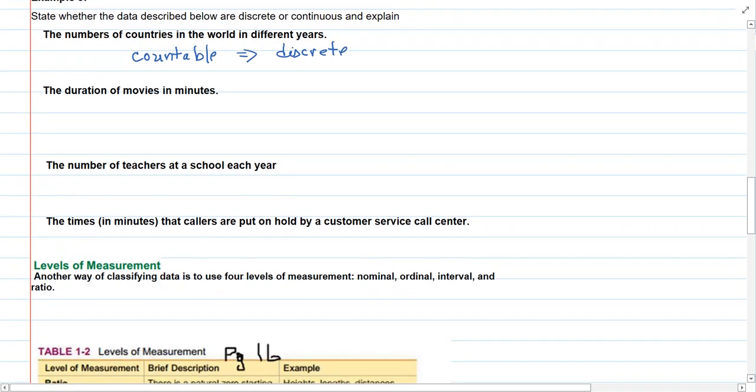Duration of a movie in minutes. Well, that's infinite. Duration. And so therefore, it is continuous.